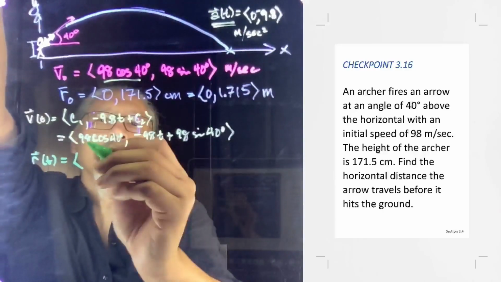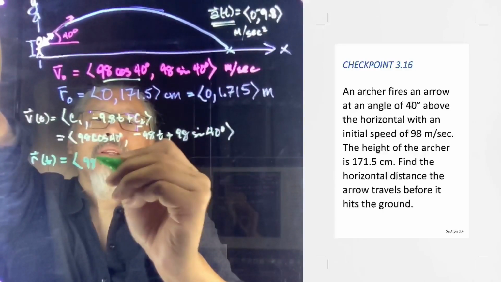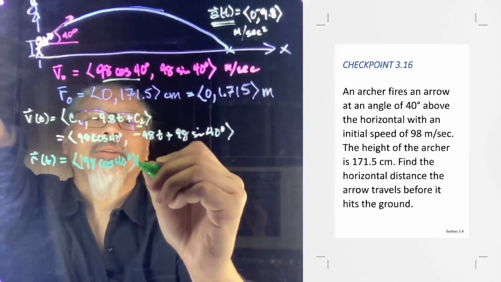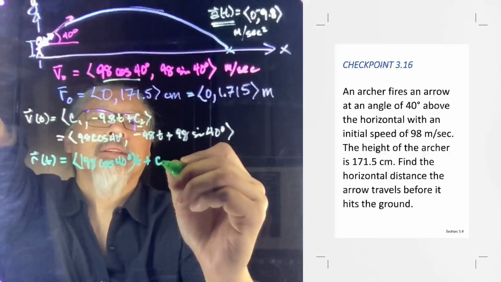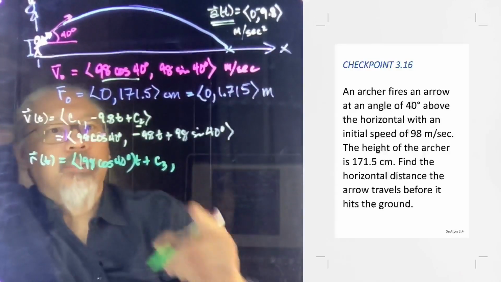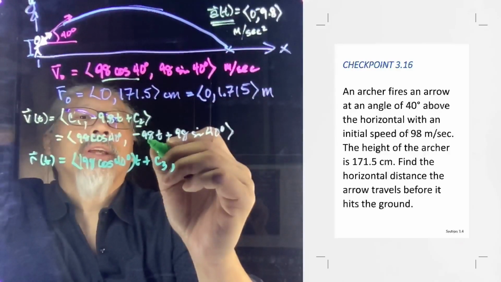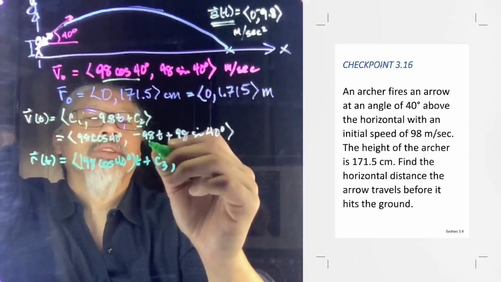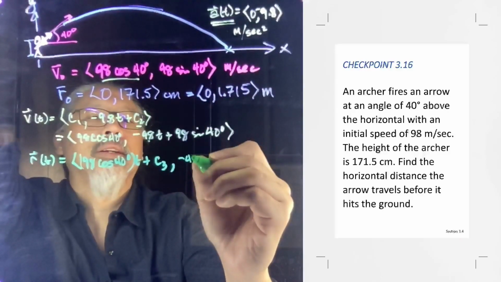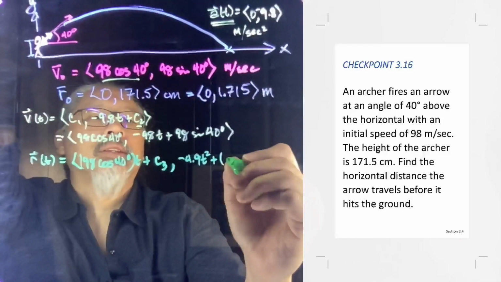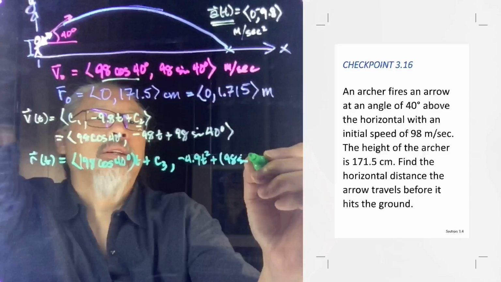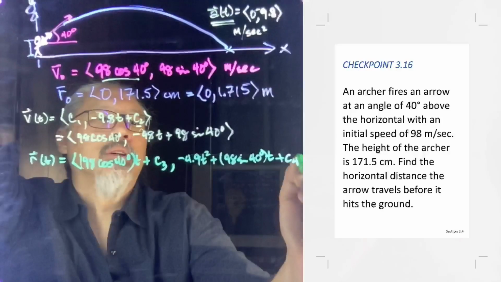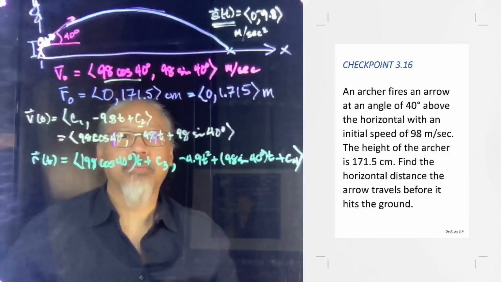Integrating the first component, you get 98 times cosine of 40 degrees times t plus another constant, C3. Then we integrate the second component. We have negative 9.8t, so half of that, because we get t squared over 2, is negative 4.9 t squared plus 98 sine of 40 degrees times t, plus C4, our other constant.